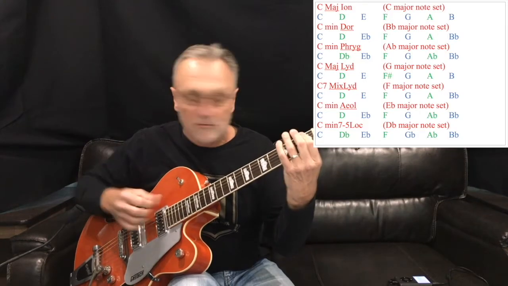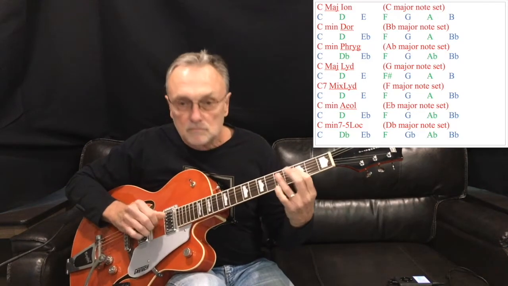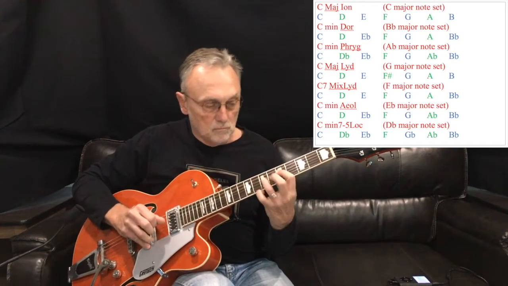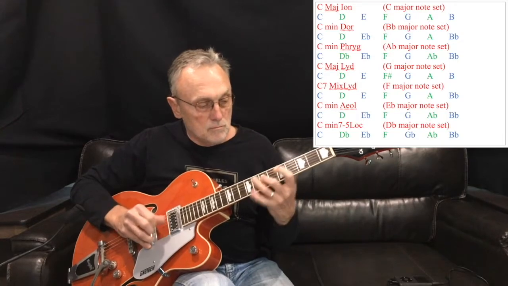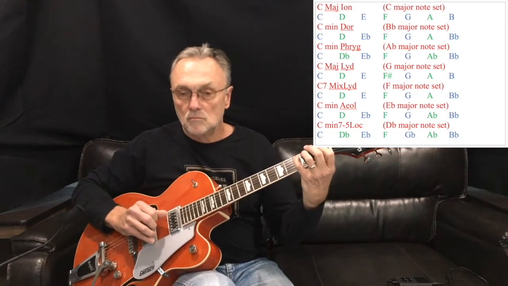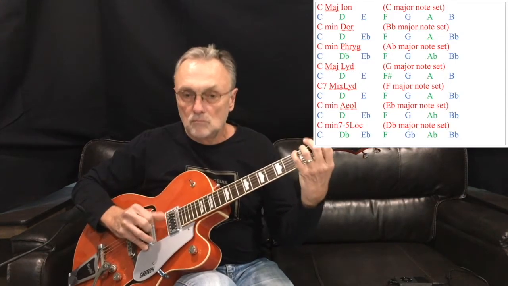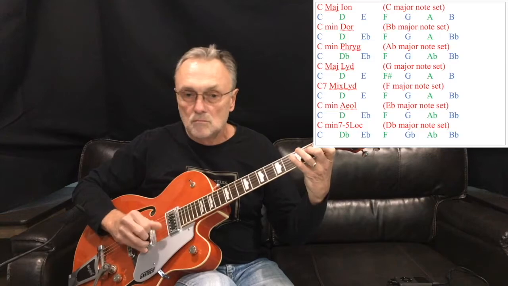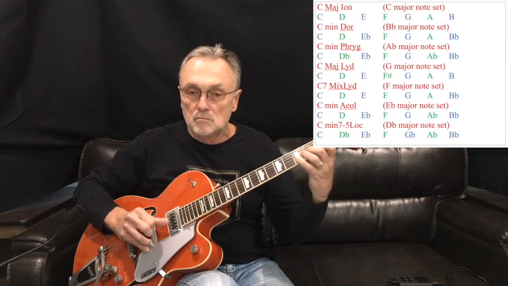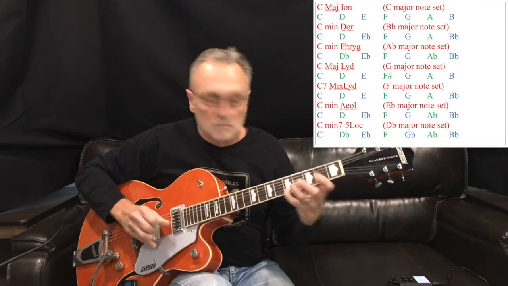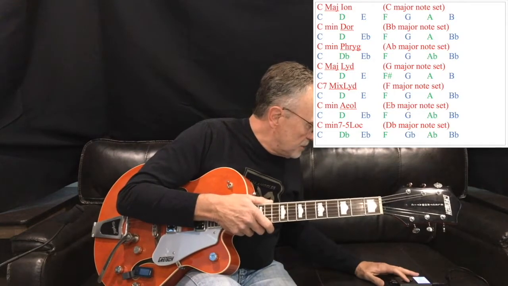C, B flat, A, G, F. C7, C Mixolydian, F major note set.